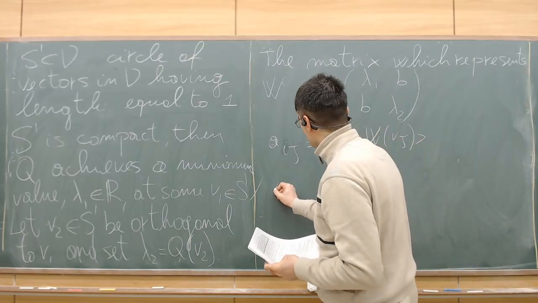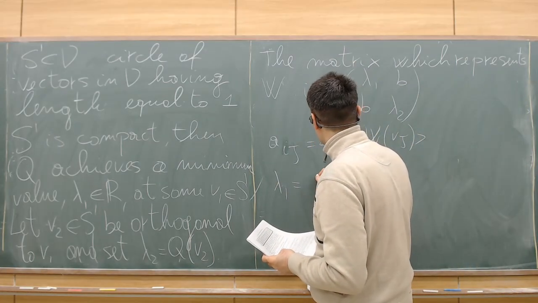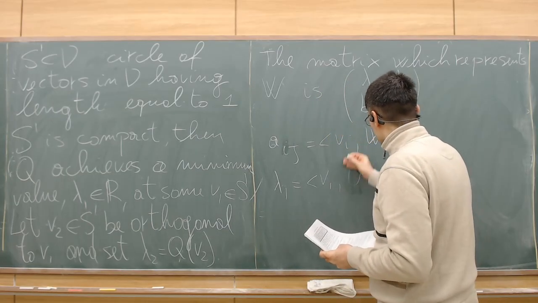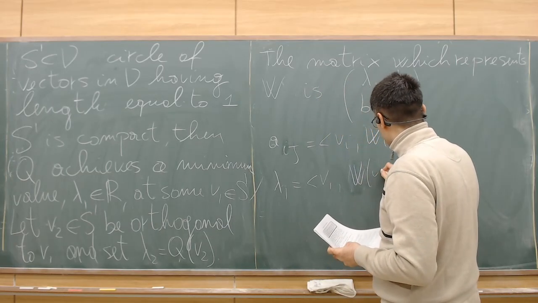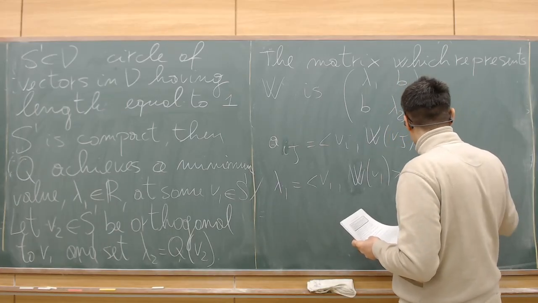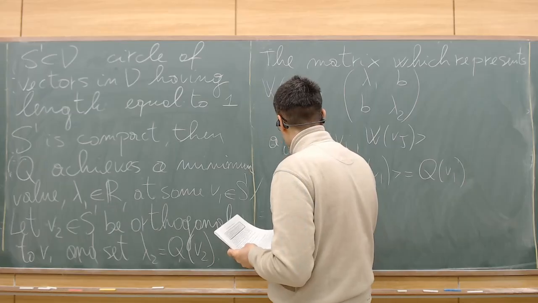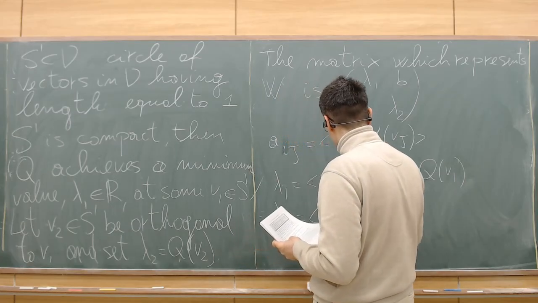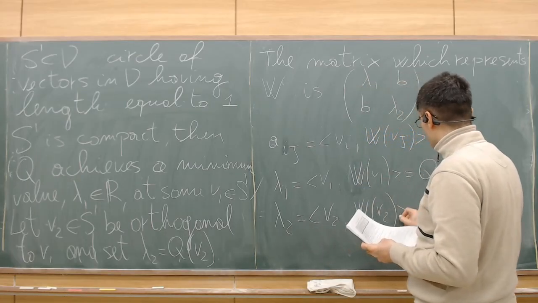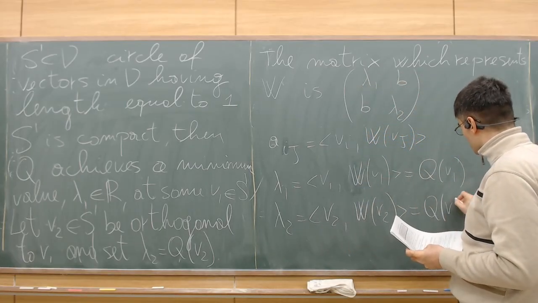So lambda 1 is V1 Wv1 equal QV1, and lambda 2 is V2 Wv2 equal QV2.